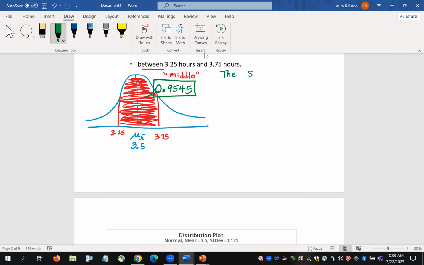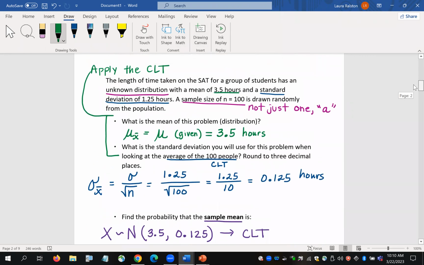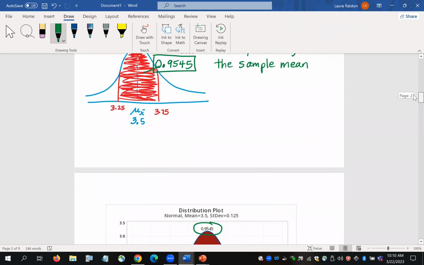So what we're saying is the probability that the sample mean, what was our variable? Taking the SAT.